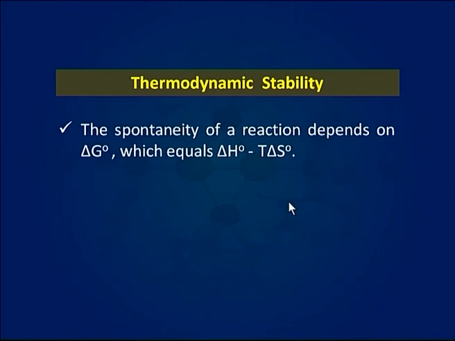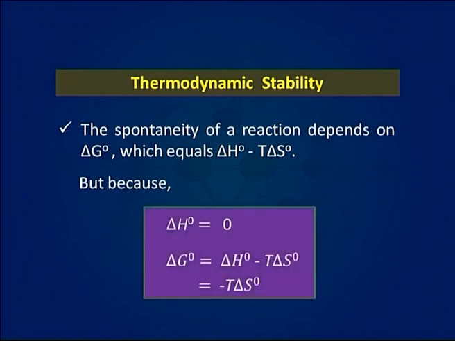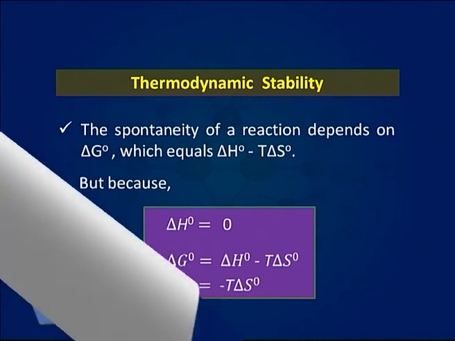The spontaneity of a reaction depends on ΔG°, which equals ΔH° - TΔS°. But as you know, here ΔH° is equal to 0. Therefore, ΔG° will come out to be -TΔS°.